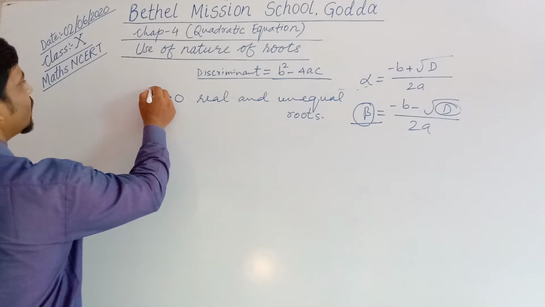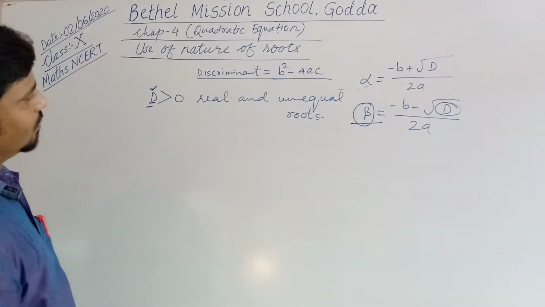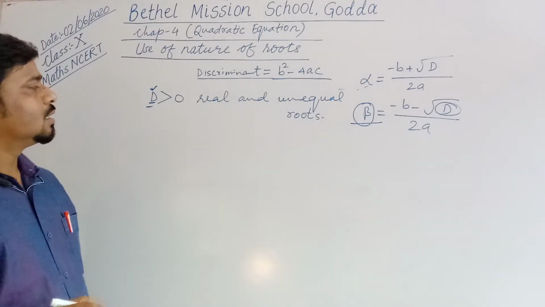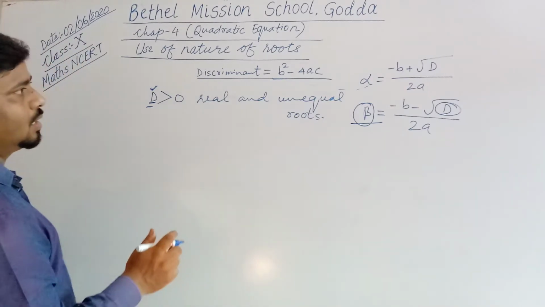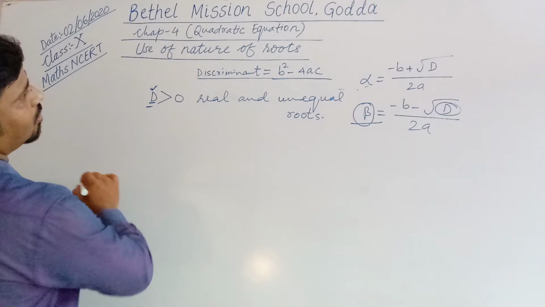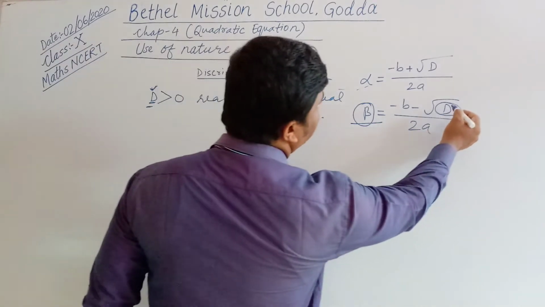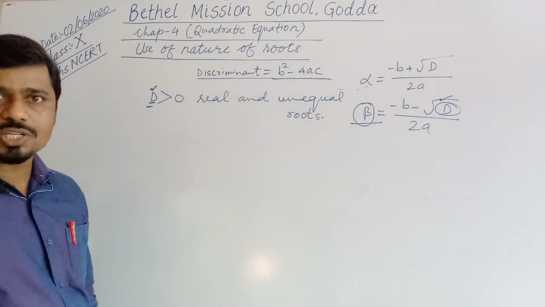But if D is greater than 0 and it is not a perfect square, then it will remain in the form of an irrational number.